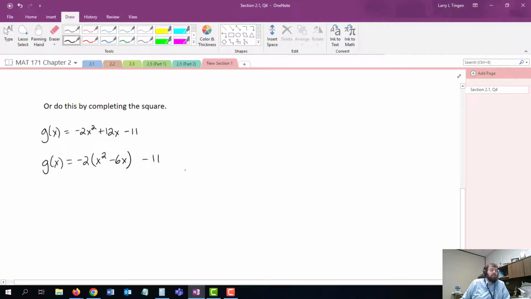And every time I do that, I'm guaranteed that I will have a perfect square trinomial. All right? So I'm going to add negative 6 divided by 2 squared inside the parentheses.